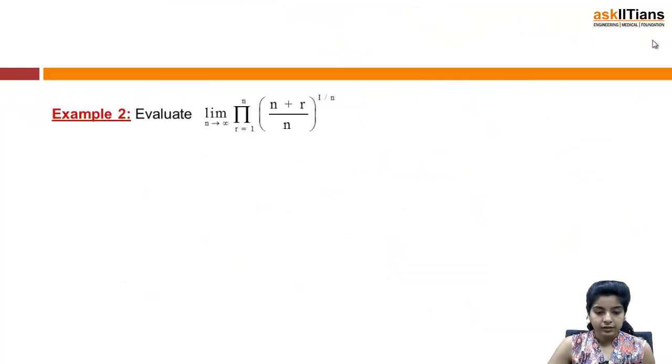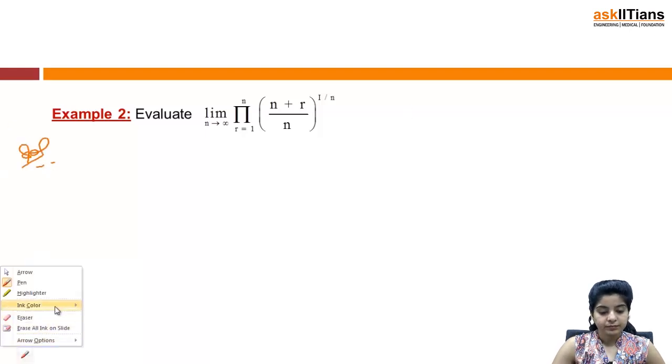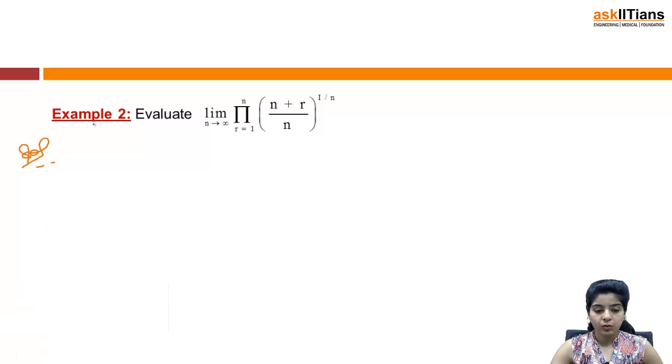That's it. Next question: evaluate the limit as n tends to infinity of the product for r going 1 to n of (1 + r/n) raised to 1/n. How do we evaluate this now? Again I assume this to be my S, limit n tends to infinity.